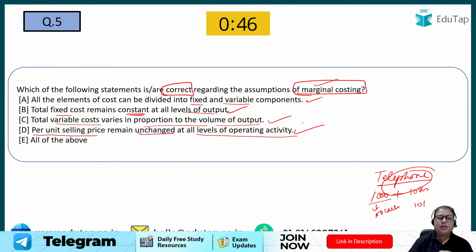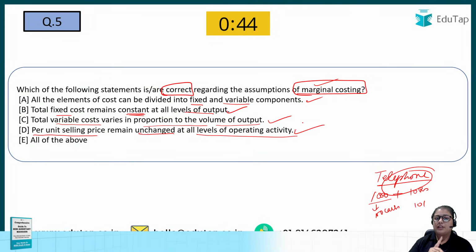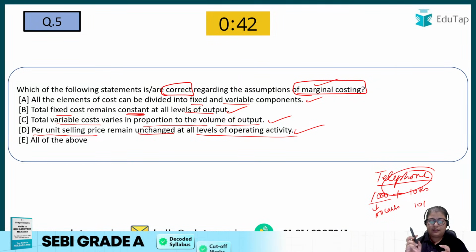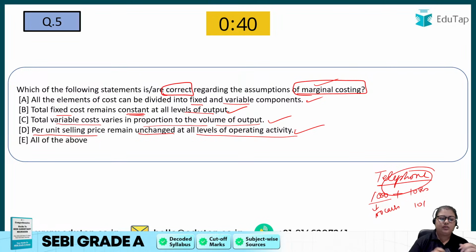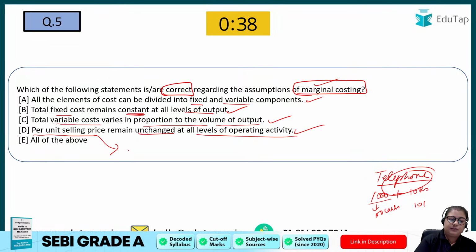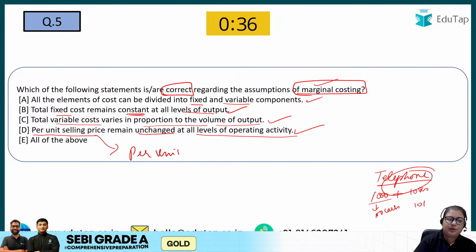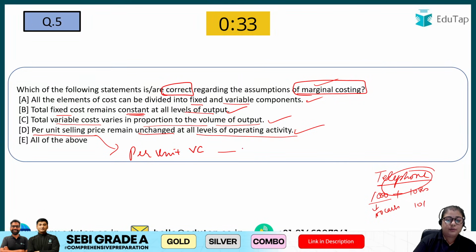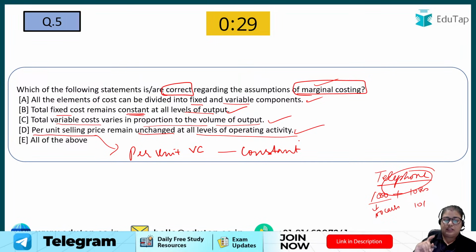This is also true. With this, I will add one more assumption that you should know, and if you are writing it somewhere, please note it down also. That is, per unit variable cost will also be constant. So with this you will get three things that are constant: per unit variable cost, per unit selling price, and total fixed cost.